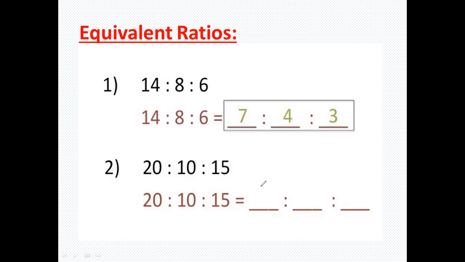Okay, so 20 divided by 5 is 4. What about 10 by 5? 2. 15 by 5? 3. So this is now the ratio in the lowest term, the equivalent ratio. Okay? So get it now?